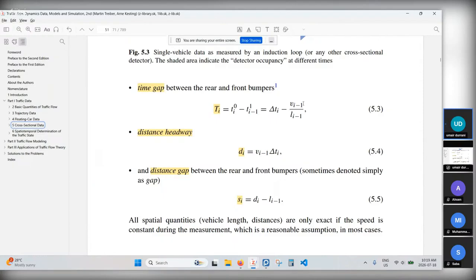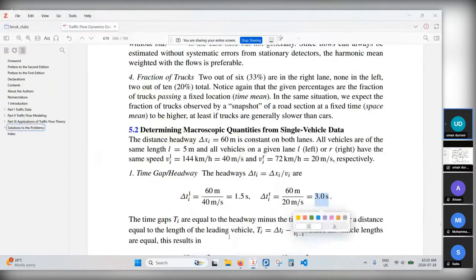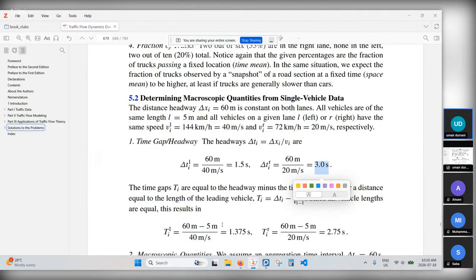We did not capture this error in the book when we were discussing it, but there is a mistake here. This is actually a full line here. So we have in the numerator the time headway minus the speed of the lead vehicle divided by the length. That's at least how they have interpreted it in the solution. So if we now go back and then use that, here we are for the time gap.